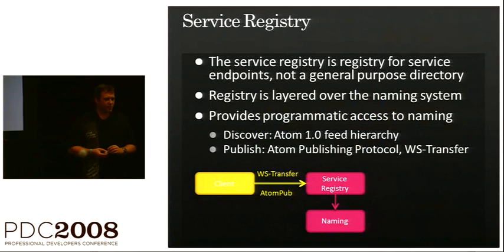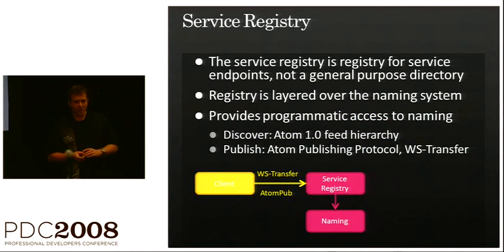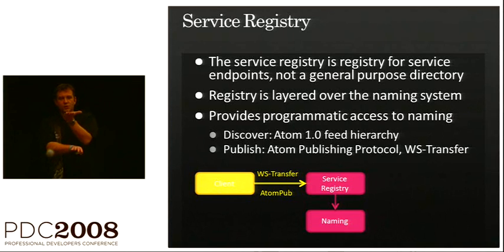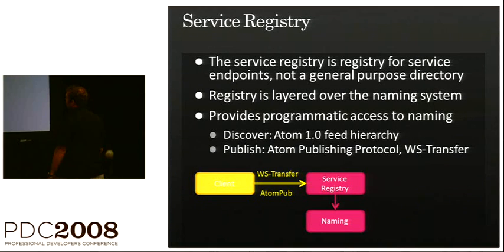You can access it and modify it using Atom pub or by creating listeners. It's a service registry that's layered over the naming system, so it's one API for it. The other API that we have for it is our listener system. So we have an Atom 1.0 feed hierarchy, and we have WS transfer support for pushing endpoints as well.